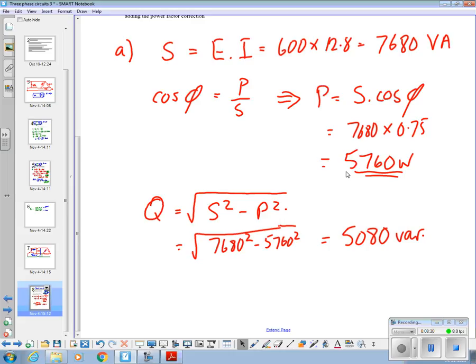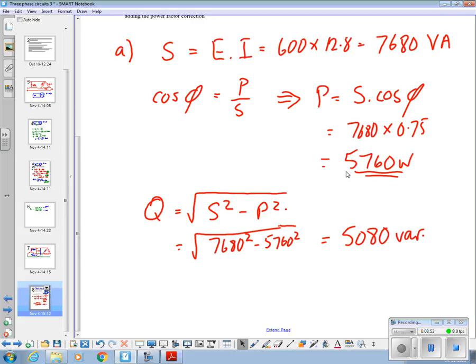So for getting a power triangle right, power theory: any type of power is the voltage times the relevant current. In the case of S, that's the actual line current.